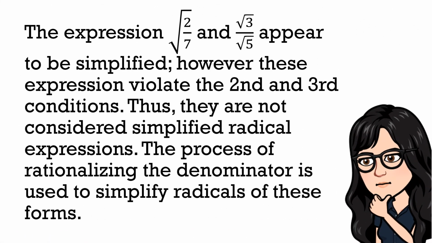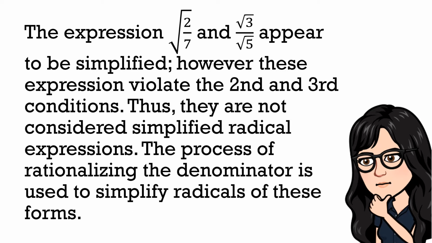The expressions square root of 2 over 7 and square root of 3 over square root of 5 appear to be simplified. However, they violate the second and third conditions. Our first expression, square root of 2 over 7, violates the second condition, which states that there should be no fraction in the radicand.